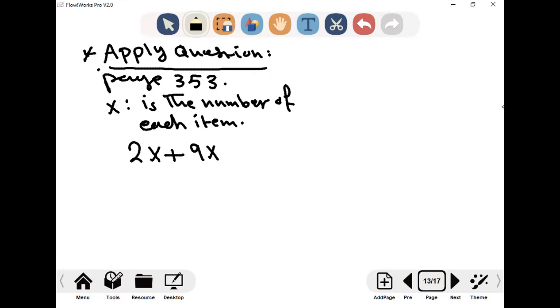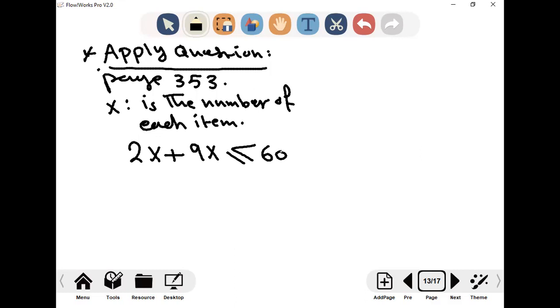This is the cost of all the t-shirts she will buy. This is the cost of all the tie-dye kits she will buy. Got it? The total cost of both should be less than or equal to what? The total money she has, right? 60. Less than or equal to 60. This is the inequality.